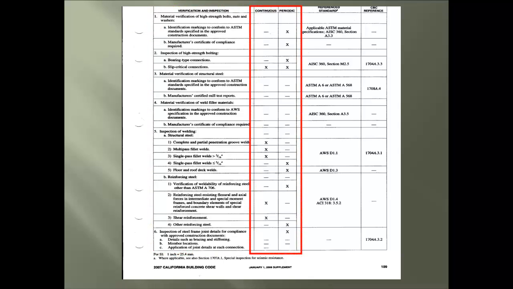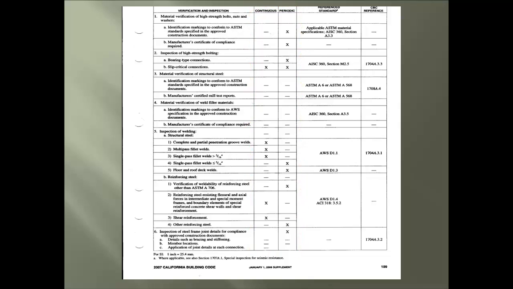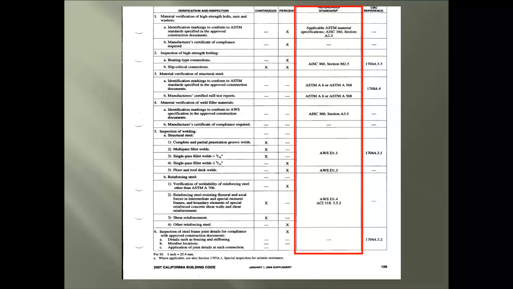Now moving to the column that states either continuous or periodic inspection. If the box reveals a line, that inspection is not required, but if an X is showing, that inspection will be required. Next are the reference standards, and for certain disciplines, there are additional references called out for further information.